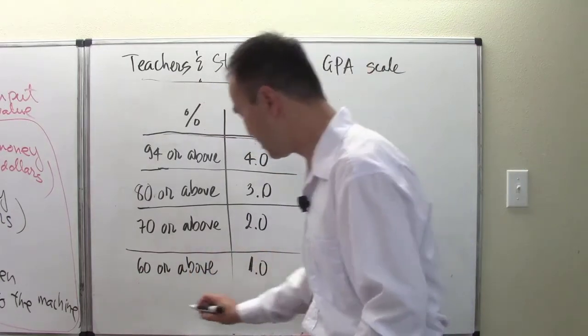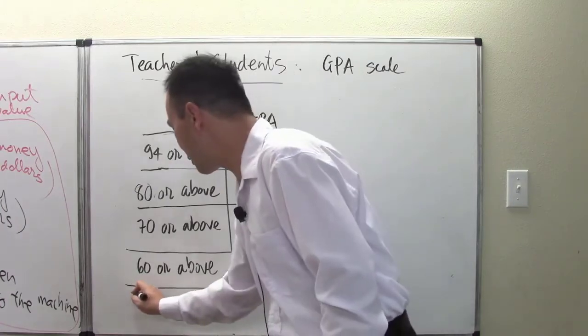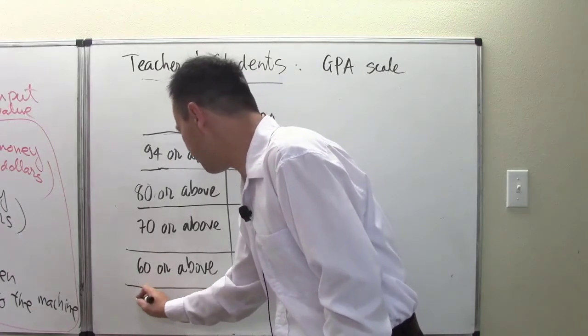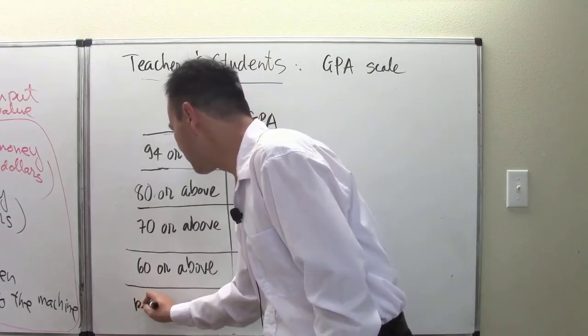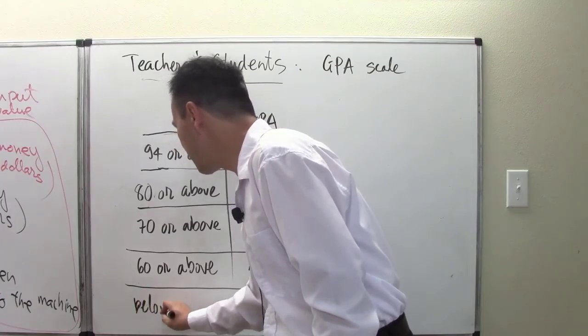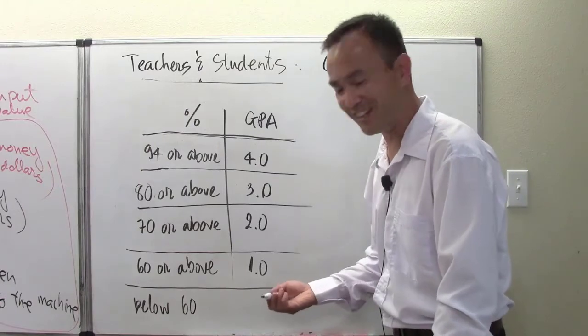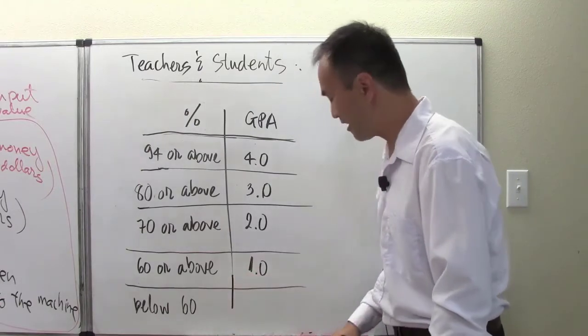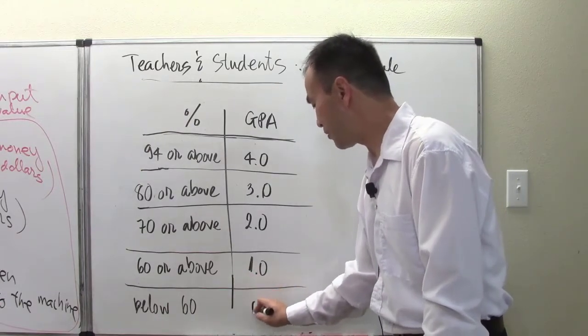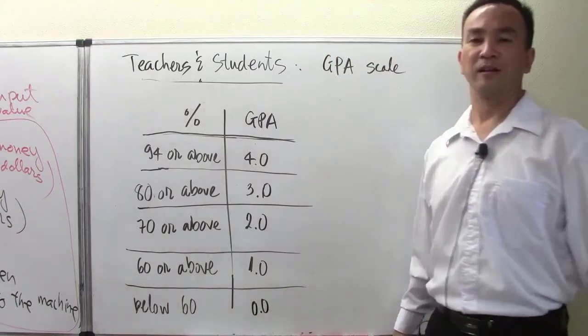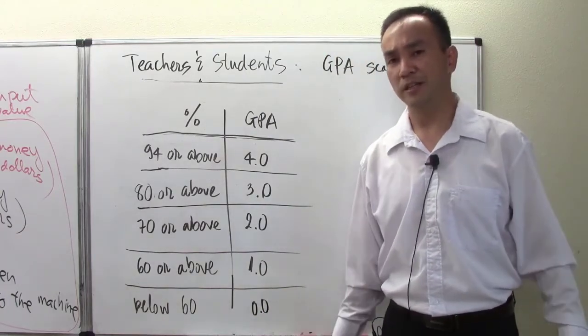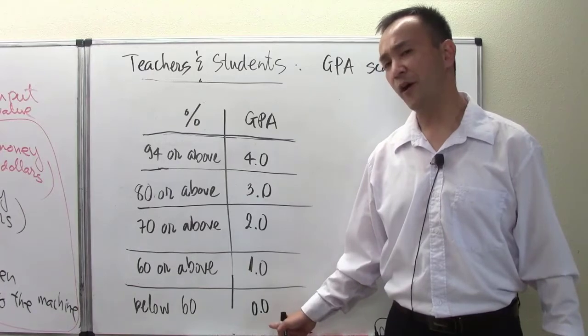It's still passing. And then anywhere below 60, this is the way it's commonly phrased in a lot of syllabi that I've seen out there, is a failing or just a 0.0. So a zero point GPA. Nobody wants to fall into that zone right there.